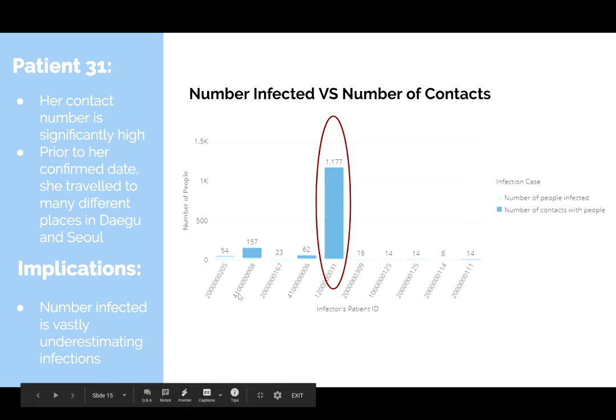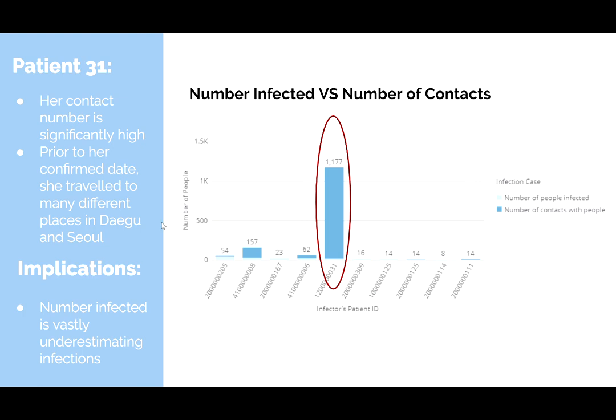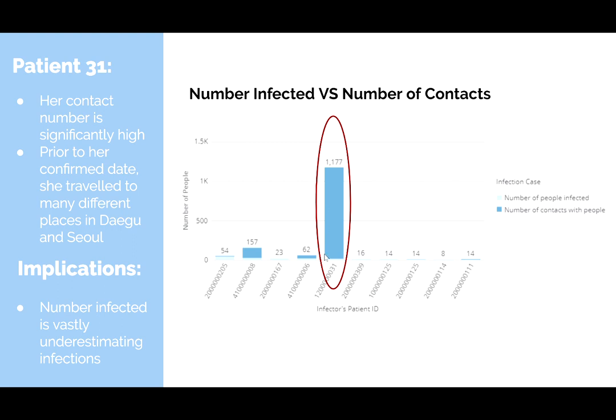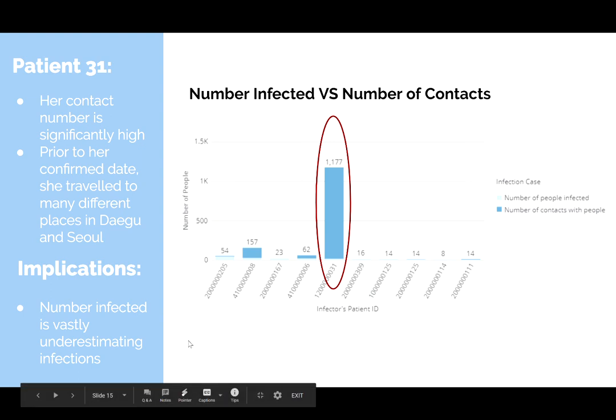And then lastly, I looked at patient 31, and she was part of the top 10 infectors. But what was interesting was when the number infected was graphed against number of contacts. And so she had a much larger number of contacts than the number infected on the data frame. And so this could mean that the number infected is vastly underestimating how many people were actually infected.